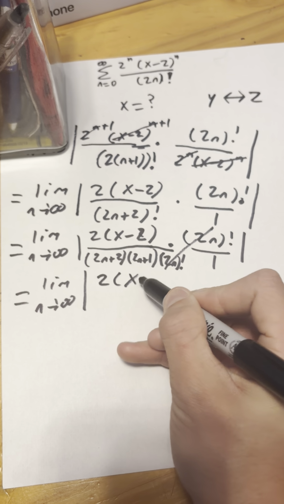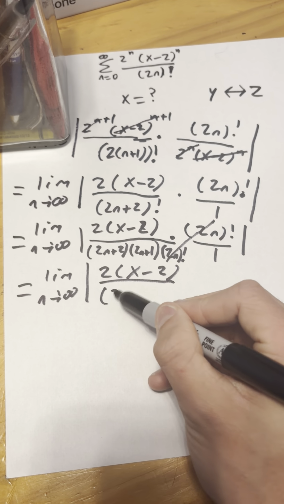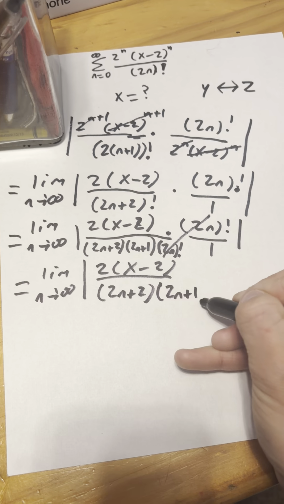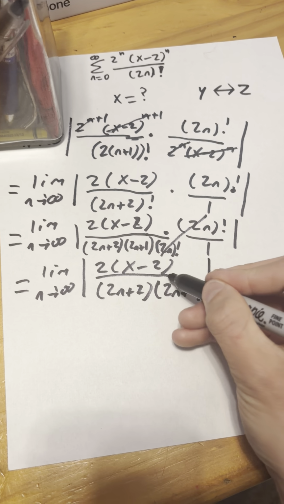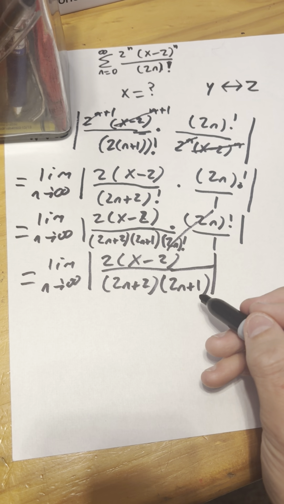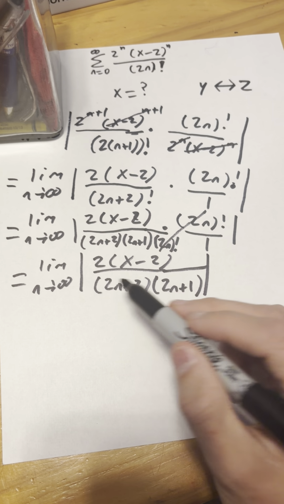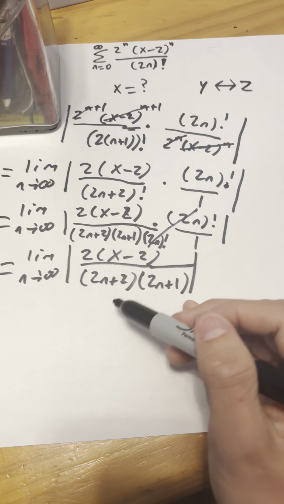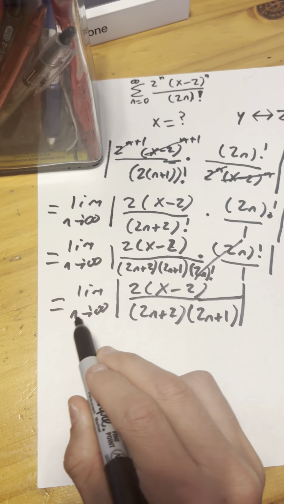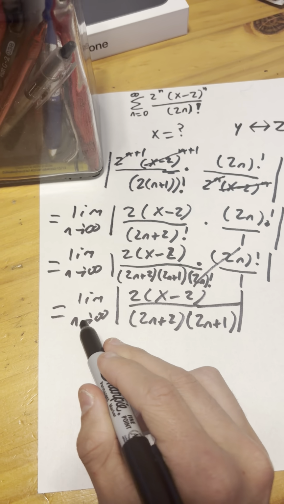So we're left with this. And we could bring the x part out because it has no relation to the limit, which is using n.